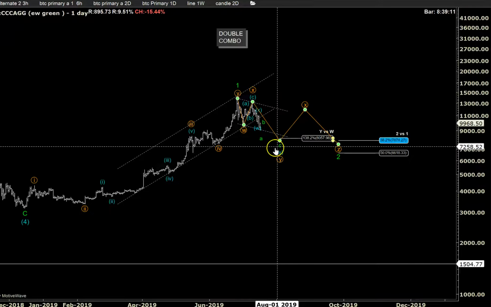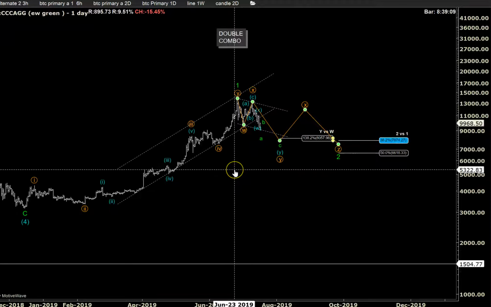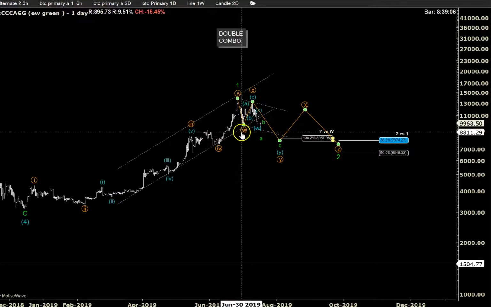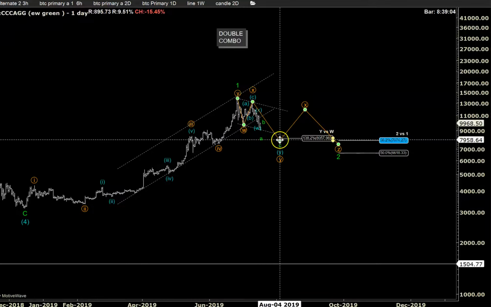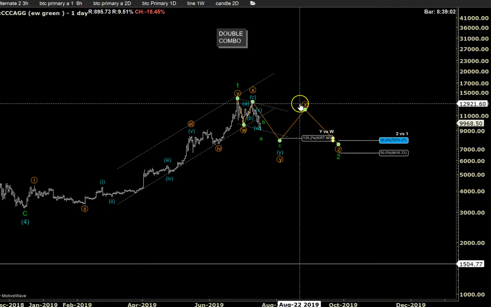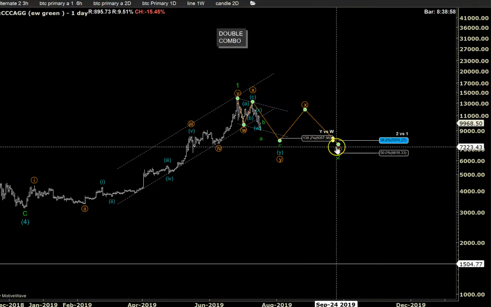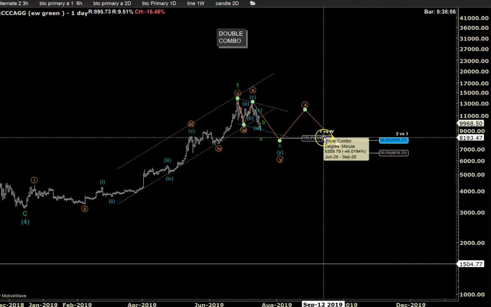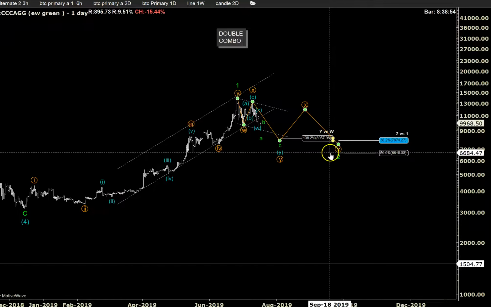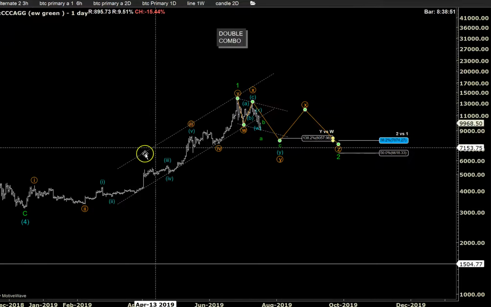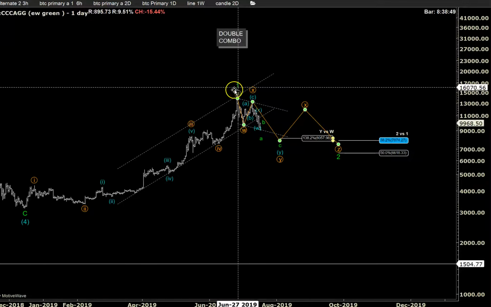The way that would work, if it's a double combo, we would have a simple WXY, then an X connector, and then another ABC or WXY coming back to do wave 2, wave Z, into the 50% or 61.8% retracement of this whole move up, right?